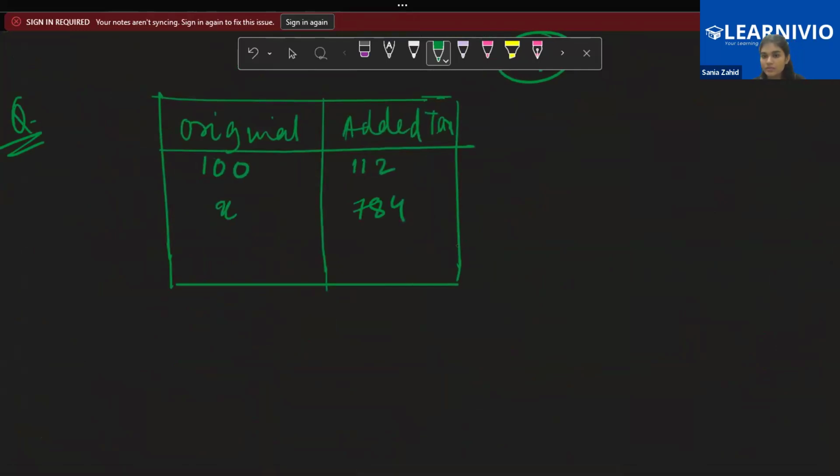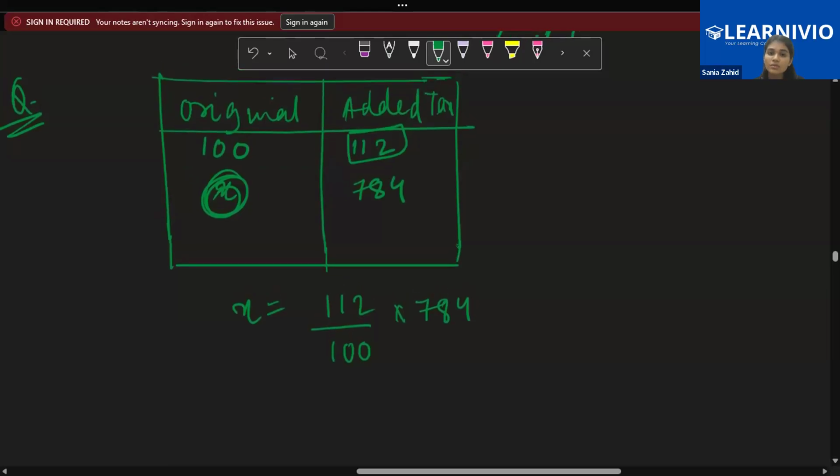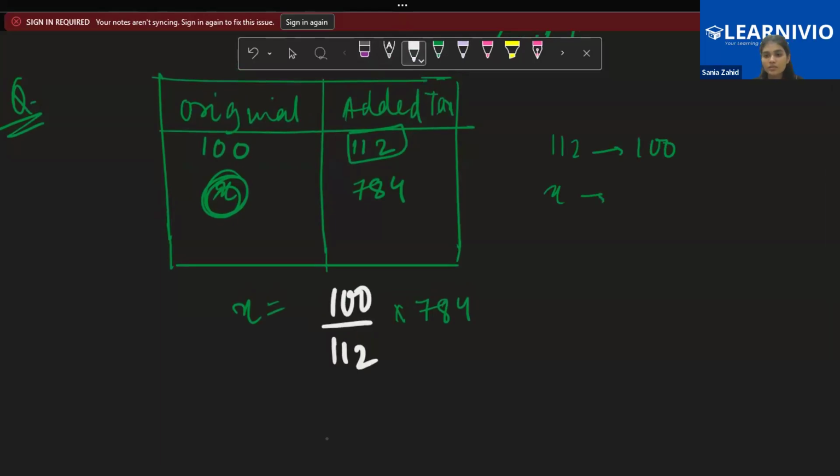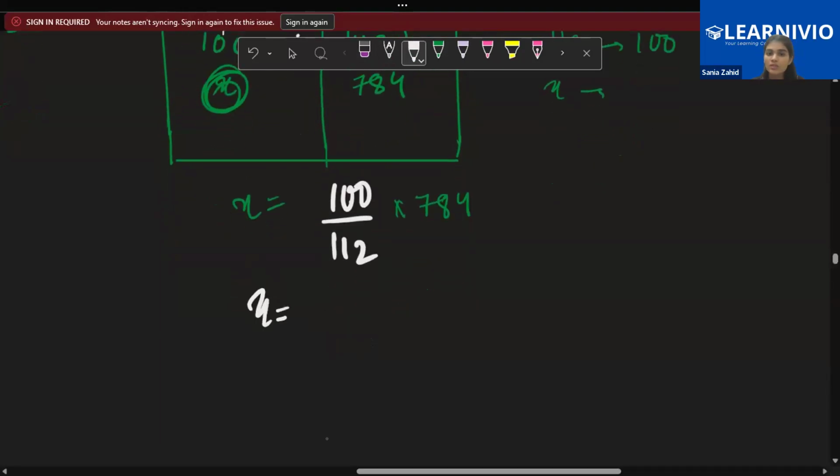Now you have to calculate the value of X. So the value of X will be, you divide this 100 by 112 and multiply it with 784.